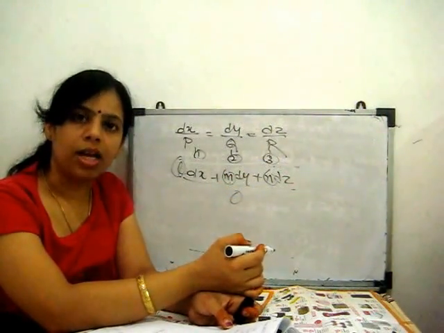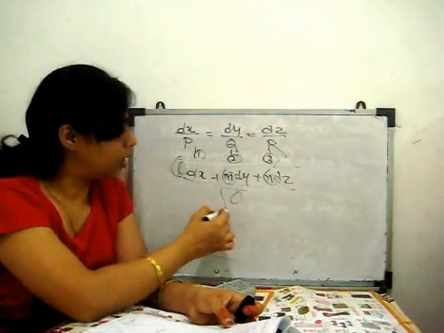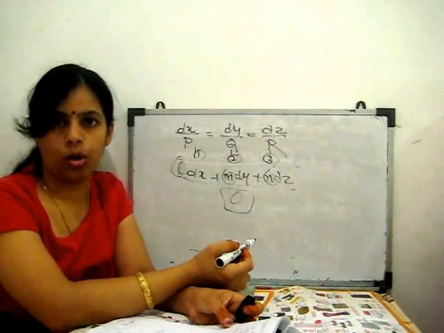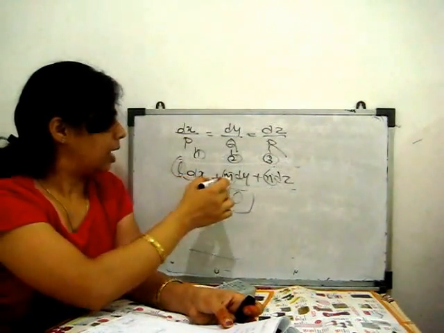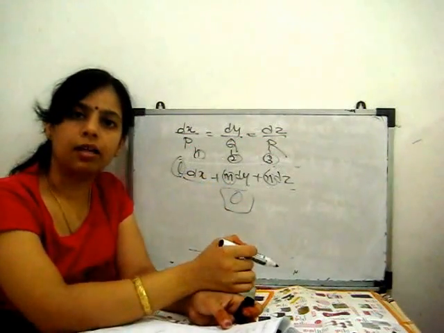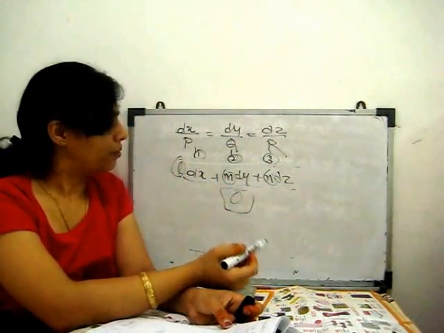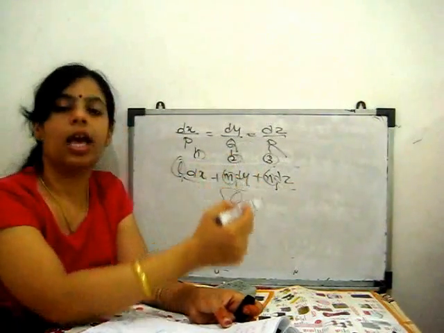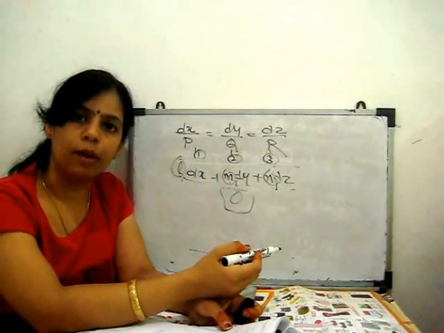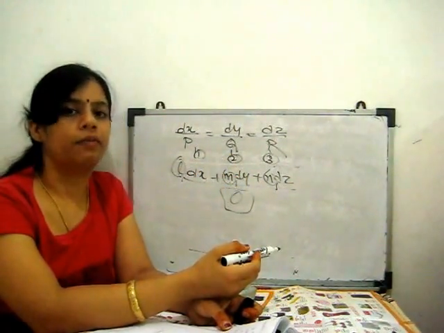These types of L, M, N multipliers that denominator makes 0. Clear? So if denominator makes 0, we can say L dx plus M dy plus N dz equals 0, we integrate, we will get the one result. Similarly, we can again L1, M1, N1, L2, M2, N2, different kinds of multiplier, you will get different results.